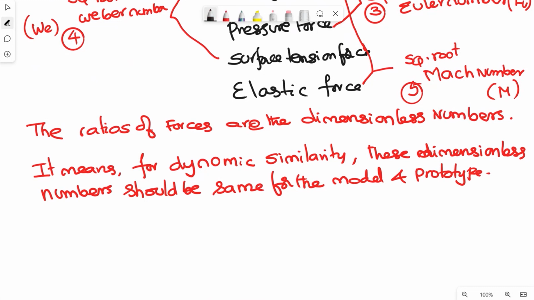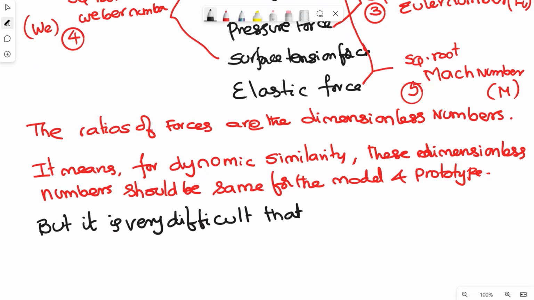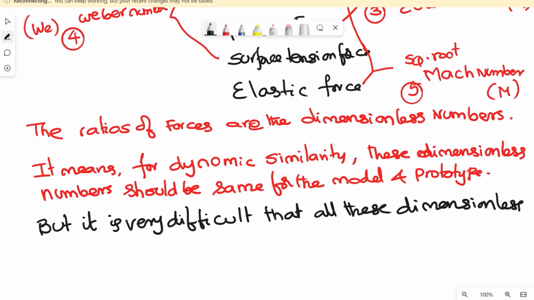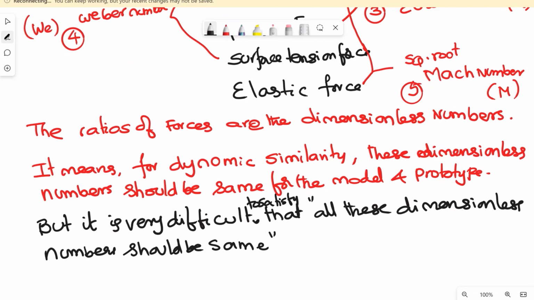But it is very difficult to satisfy that all these dimensionless numbers should be the same.